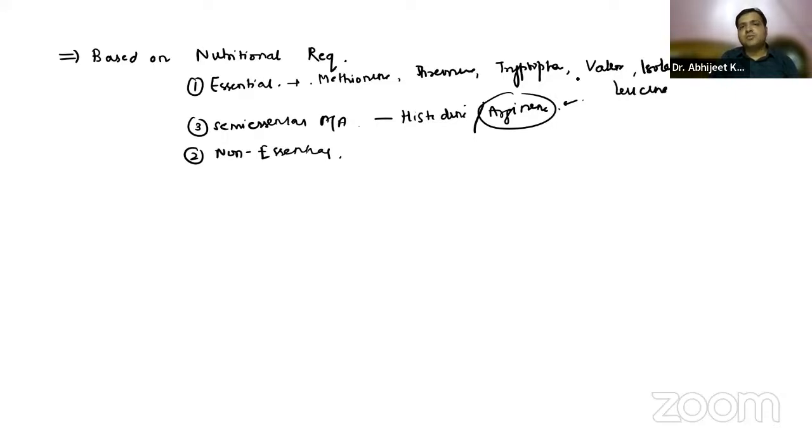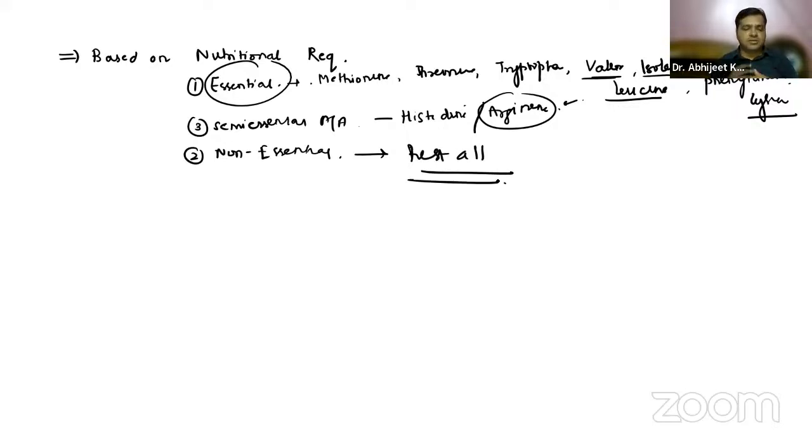Valine, isoleucine, and leucine are the branched amino acids. And phenylalanine and lysine. These are all essential amino acids. Non-essentials are the rest.